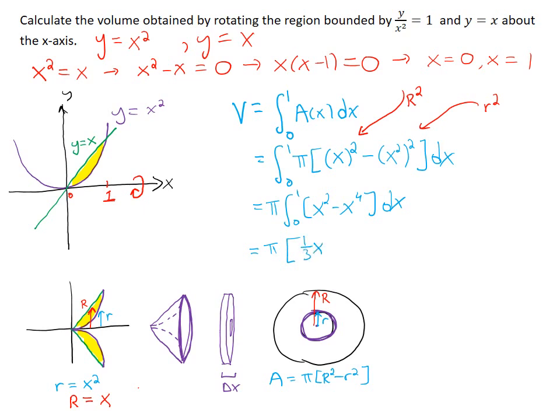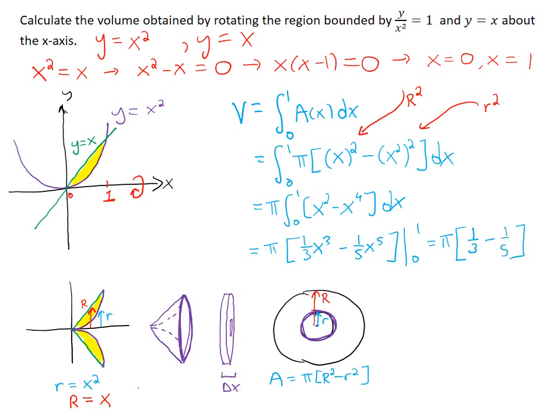Antiderivative of x to the 4 is 1/5 x to the 5. And evaluating from 0 to 1, when we evaluate either piece at 0, we're going to get 0. So it's just going to be evaluating at 1. 1/3 of 1 cubed is 1/3, and then 1/5 times 1 to the 5 is 1/5.